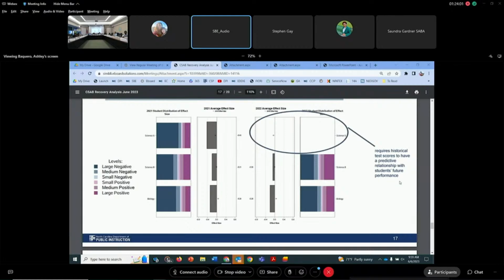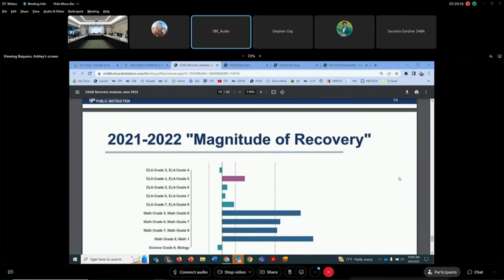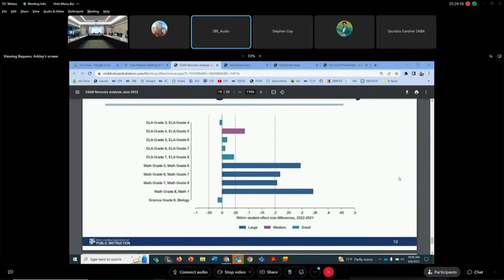So if the range is constant across bars, then you can compare the bars from plot to plot and see your differences there. Exactly. When I made the last two graphs, the magnitude of recovery graphs, I scaled those differently, and I chose that scale to help us more precisely look at differences between bars.